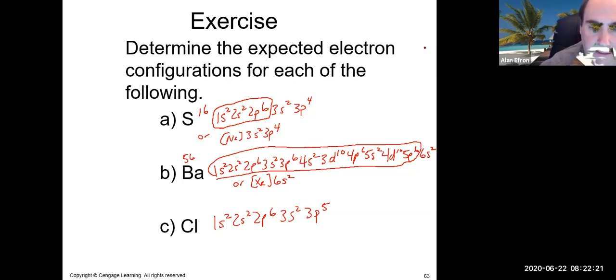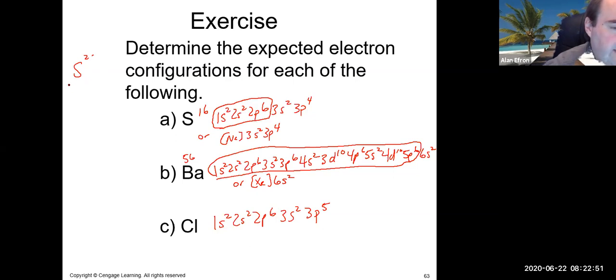So let's talk a little bit about things with charges. I don't know if we did last time or not, but just to make sure, let's say we took sulfur that had a -2 charge. Again, just to remind you, if it does have a charge, you do have to take the charge into account for the total electron configuration.